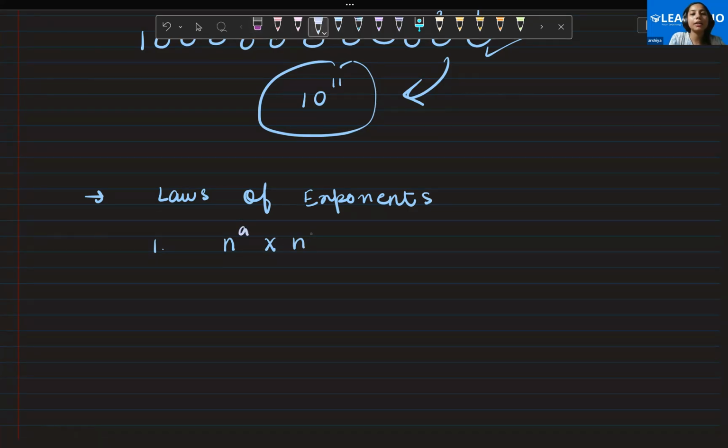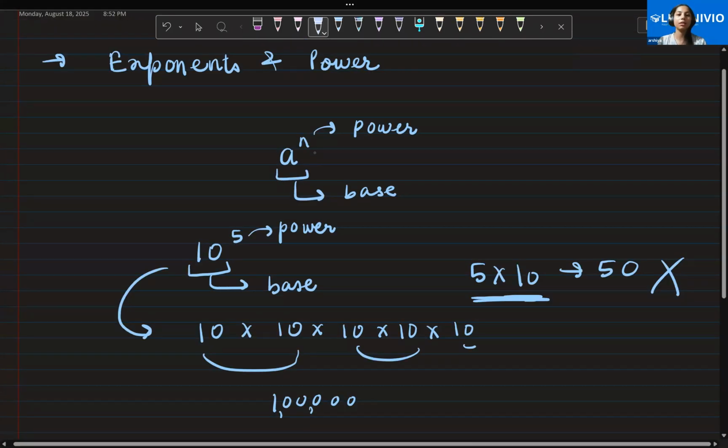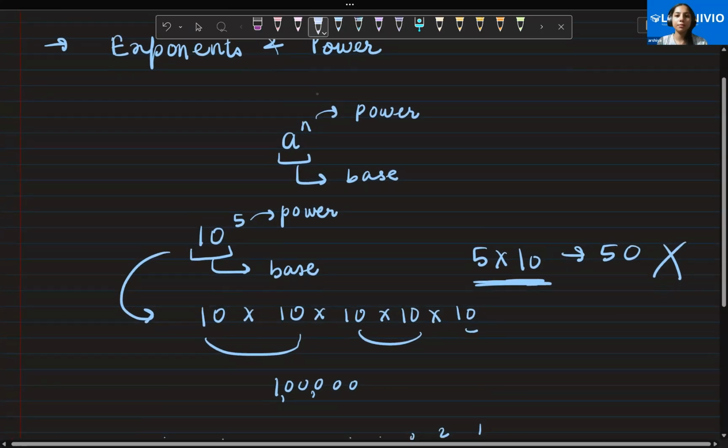Ma'am, should I write these laws of exponents? Yes. Do one thing. Write this first, what I wrote for powers and base, so that you have an idea when you revise it.